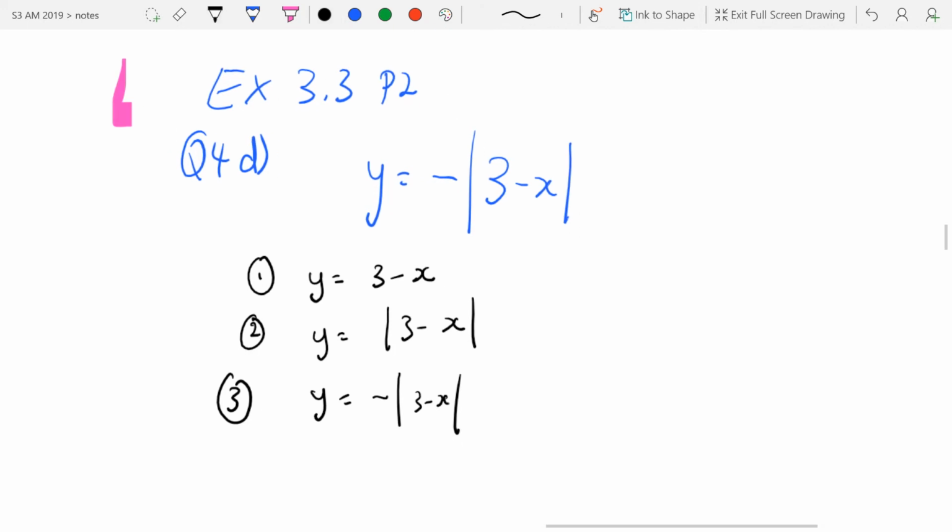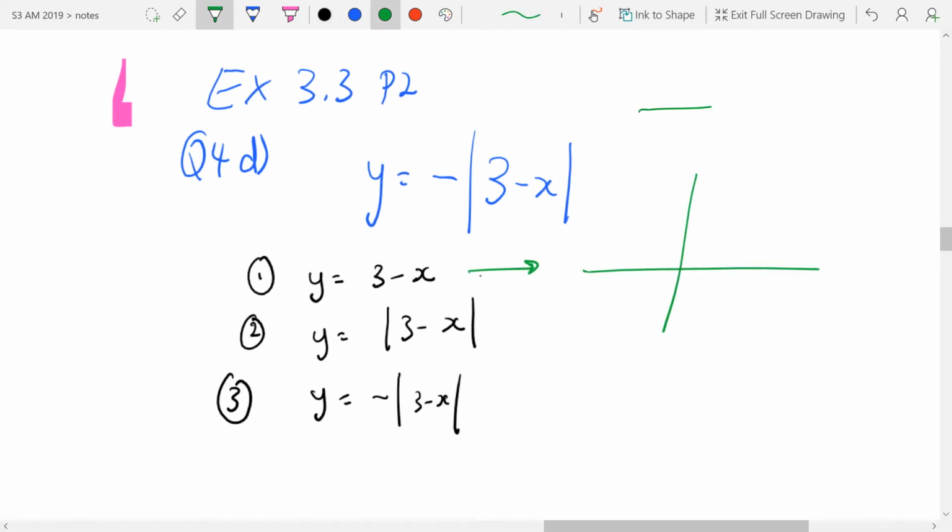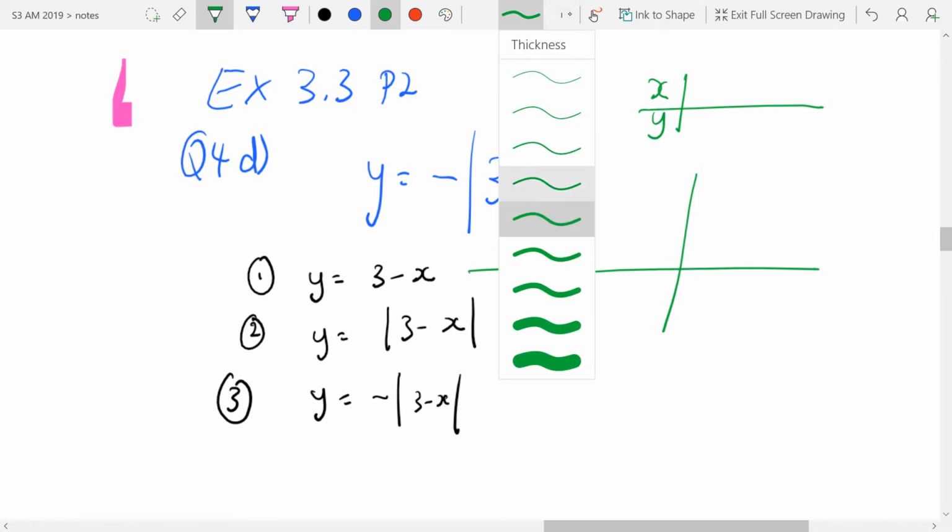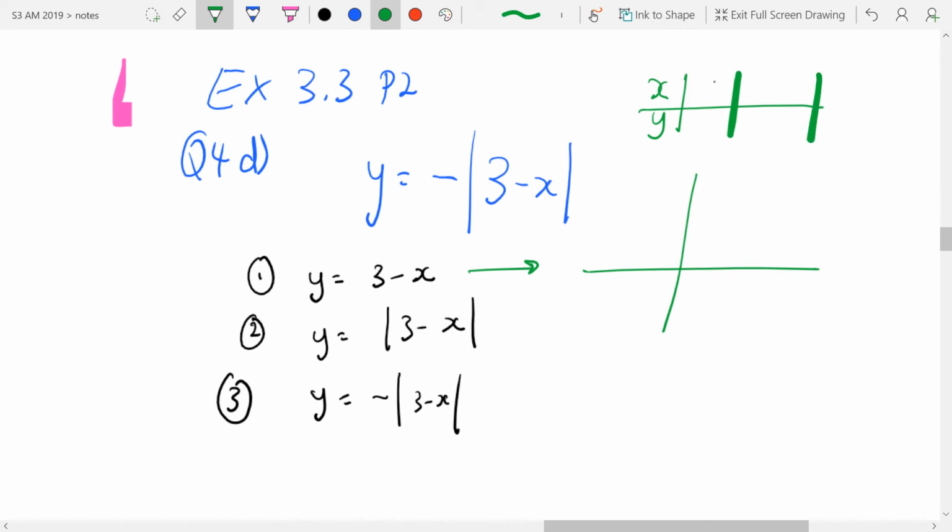Let me use correction as a green color. First thing I draw a table, x and y. Make it thicker. Wow, so thick. Thinner. What points do you use? I remember you all use negative 3, 0, 3, 6, right?